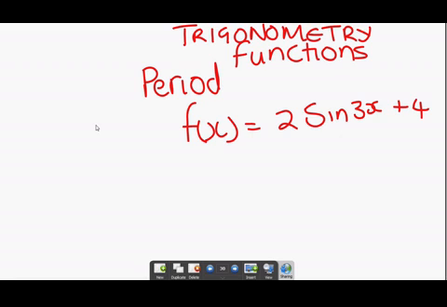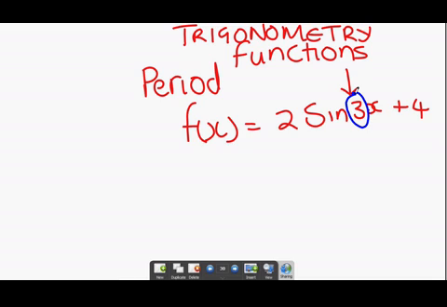And in this case, when we are looking at the function, we look at the number that is directly before the angle, and that number is 3. Now this number is related to the period.